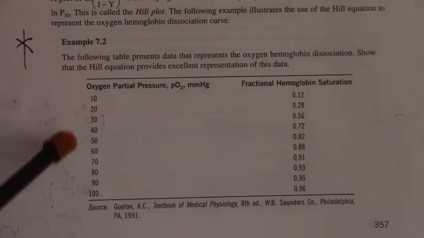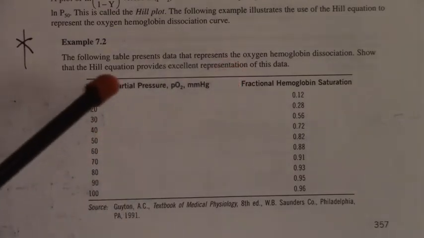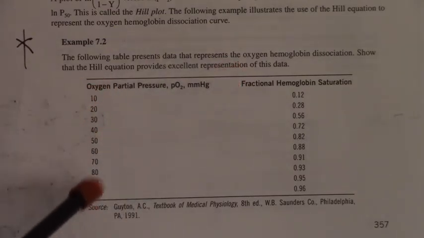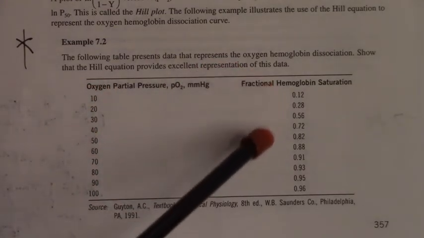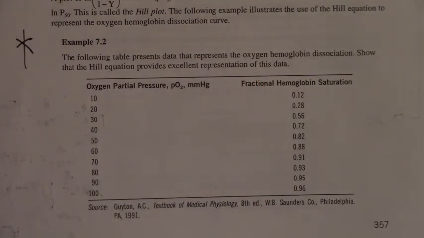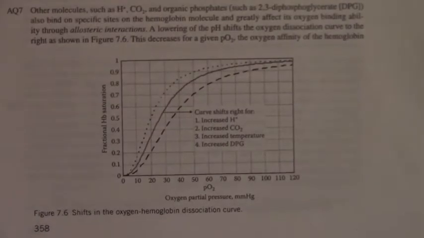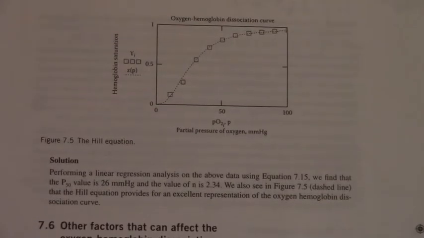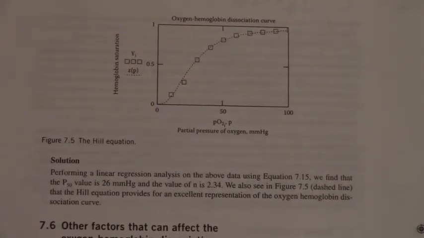What I did here is carefully read off the PO2 levels from the graph and the corresponding fractional hemoglobin saturations, and then applied the transformation given by equation 7.15. When you do the linear regression, you get the results shown at the top of the next page.